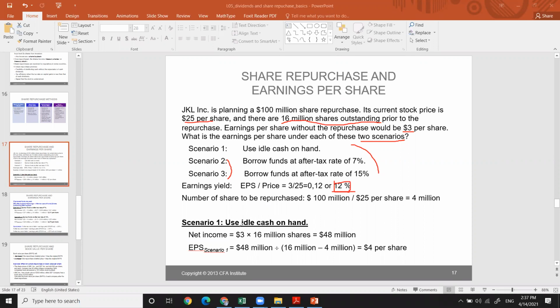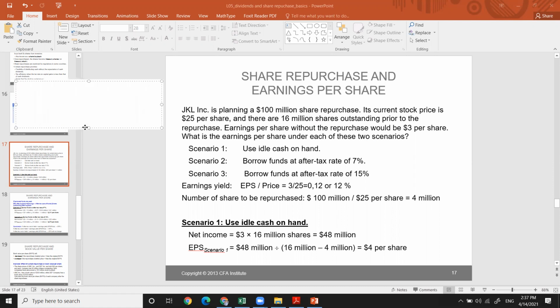So, finding the net income or earnings. In this question, we are not given the earnings. First of all, we need to know how the EPS is estimated. This is the question you should always ask yourself.